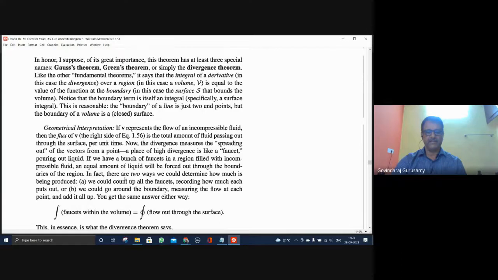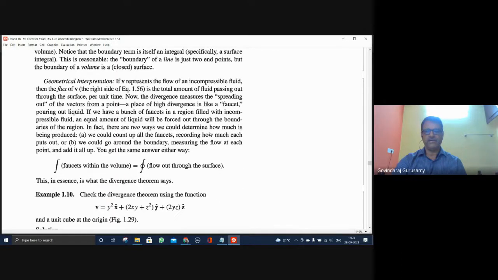In fact, there are two ways we could determine how much is being produced. We could count up all the faucets, recording how much each puts out, or we could go around the boundary, measure the flow at each point, and add it all up. You get the same answer either way.